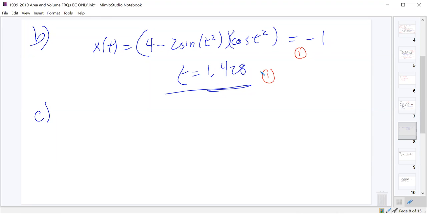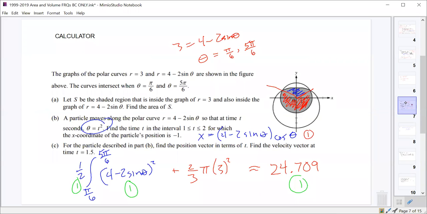Okay. So for part C, what's it asking? For the particle described in part B, find the position vector, and then find the velocity vector at 1.5. So to find the position vector, we're going to need both the x coordinate and the y coordinate. We've already got the x coordinate, right? It's this in terms of t, with the t squareds in there.